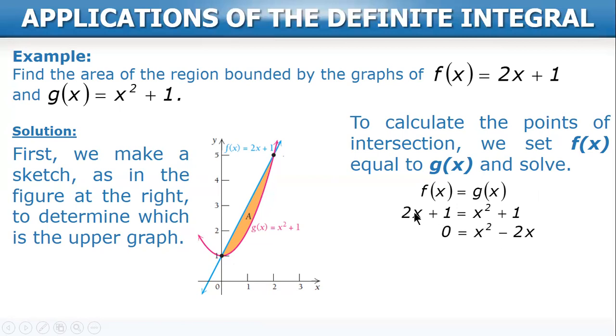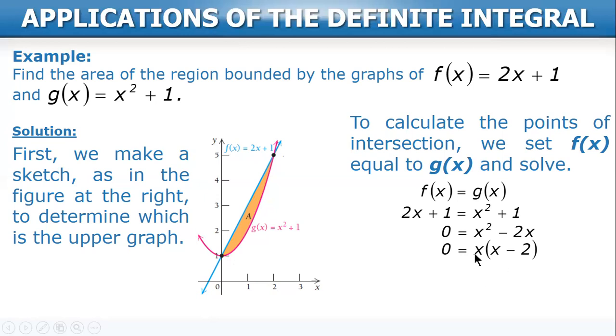0 equals x squared minus 2x. And then you factor out x, you have this. To solve for x, the idea is if the product of two factors is 0, it means one of the factors is 0.